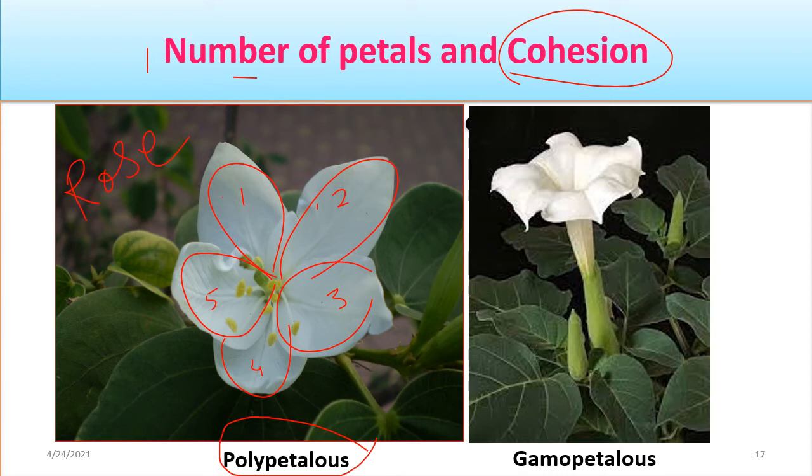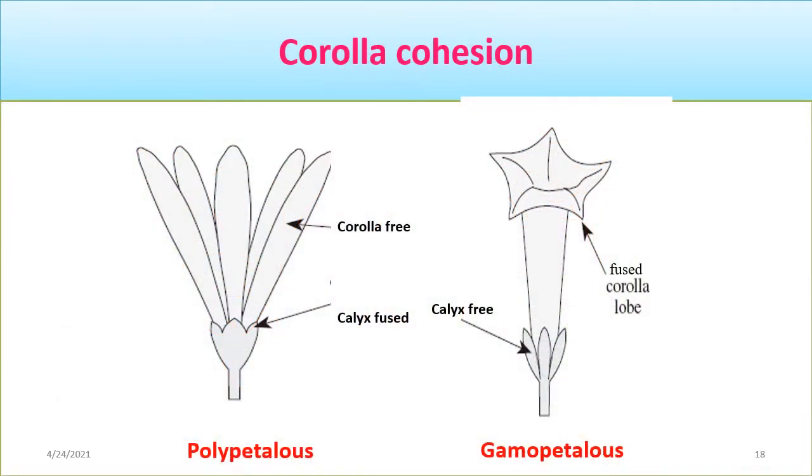But if you look at this, this is one petal, this is another, this is another, this is another, this is another, but they are not separate. They have formed a continuous tube-like structure here. This tubular structure you can see, and this is called gamopetalous because the petals are fused. Here you can see in detail.